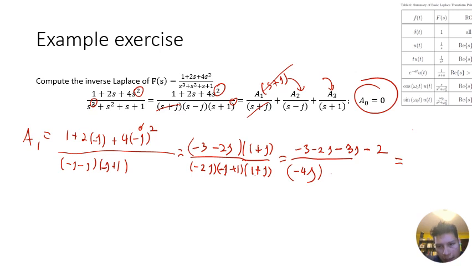So now we have minus 5, and hold on, so 3, negative 3, good. And then we have minus 2j, okay. Then j times that is negative 3j. J times this becomes positive 2.